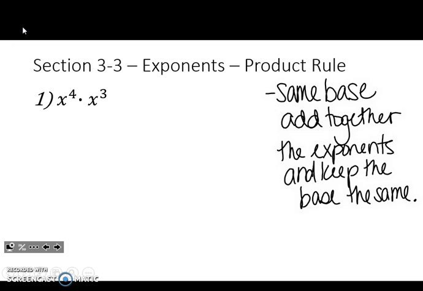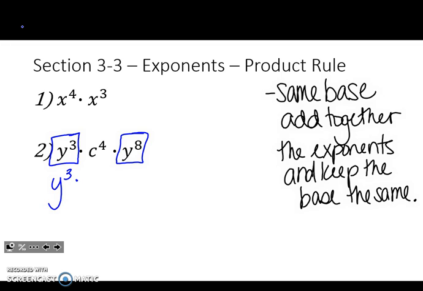So let's look at another problem. In this problem, we have y cubed times c to the 4th times y to the 8th. Again, we have to find our like bases. So in this problem, I have y and another set of y's. So I'm going to rewrite this as y to the third times y to the eighth times c to the fourth.